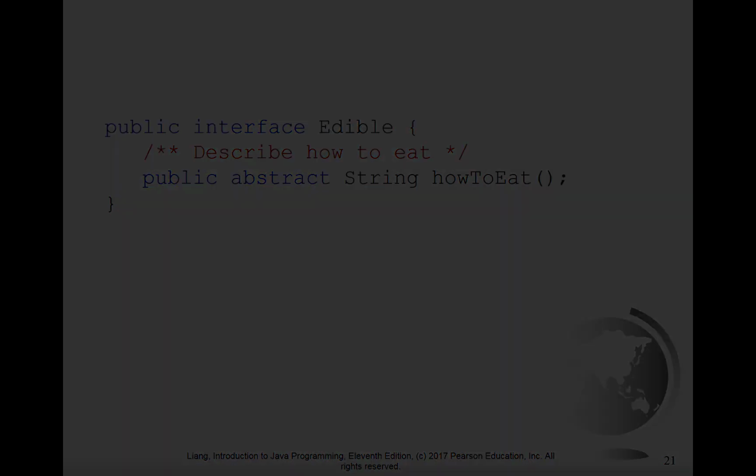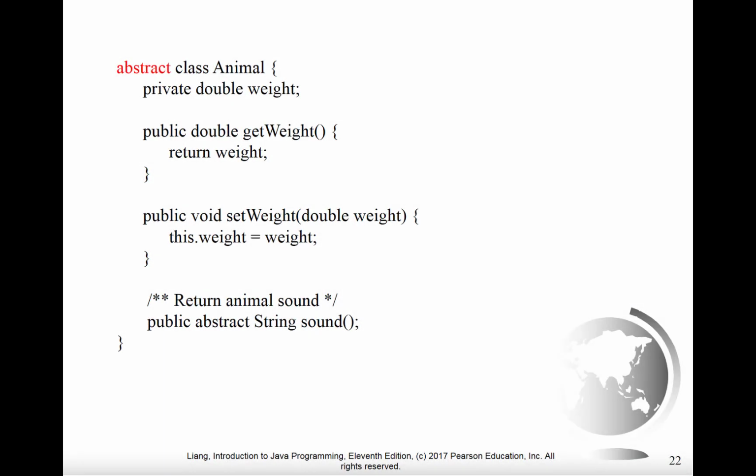On this slide, we have an abstract class representing Animal. So in other words, it's not a concrete class, it doesn't represent a particular animal, but it captures the notion of an animal. We have a private data member called weight, which is a double, and then we have a getter for that data member called getWeight.